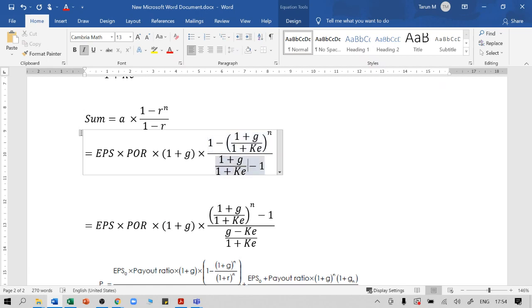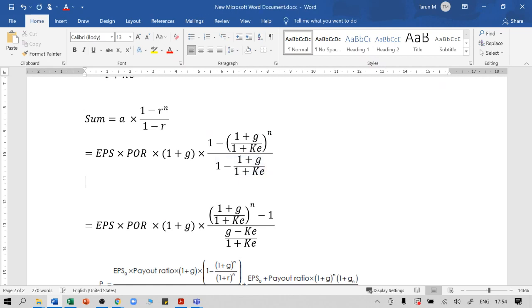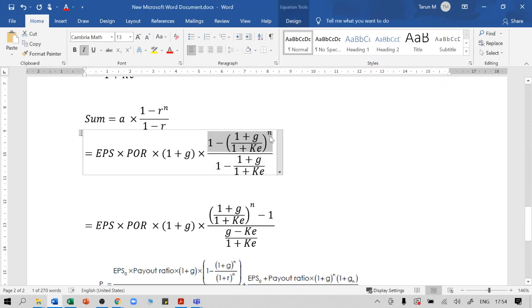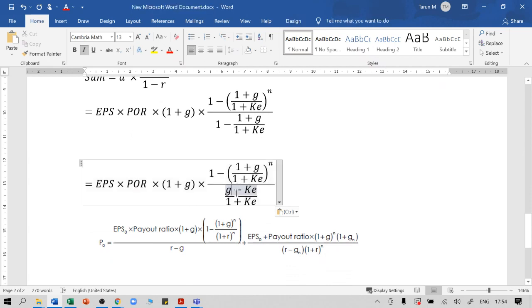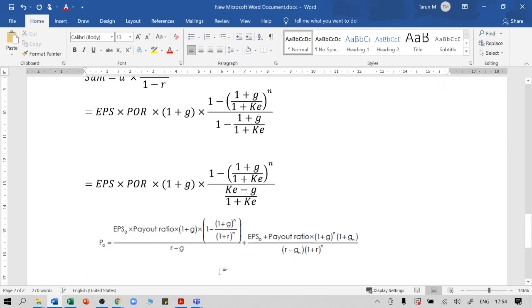And here also this must be 1 minus R. So this will also become K minus G. Now try to compare that this 1 plus K thing will get multiplied in the numerator.